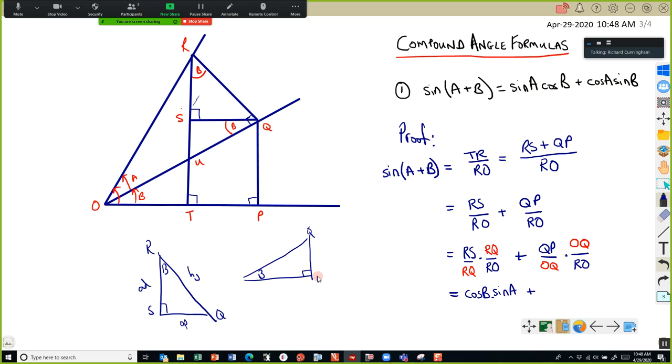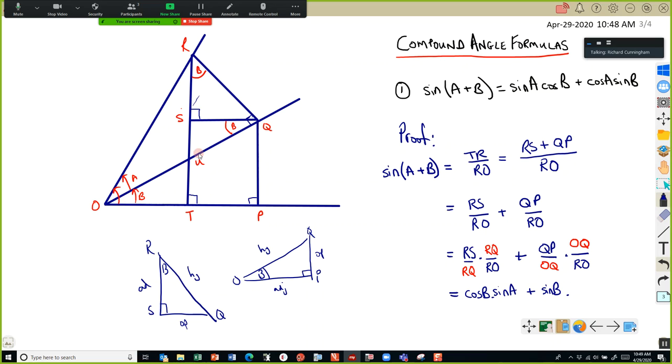Yes, good. So there's the triangle. I've just taken this triangle and redrawn it. So this is my opposite, adjacent, hypotenuse. So QP over OQ is sine of B. And then OQ over RO.